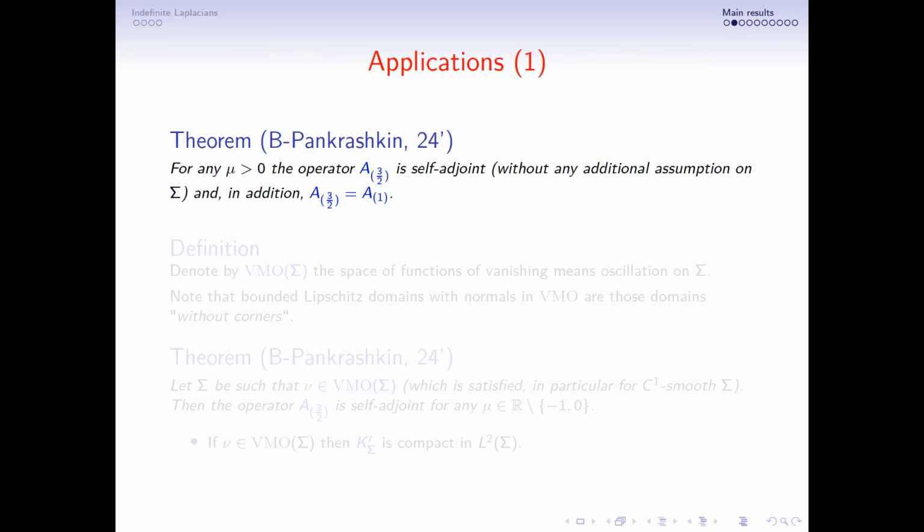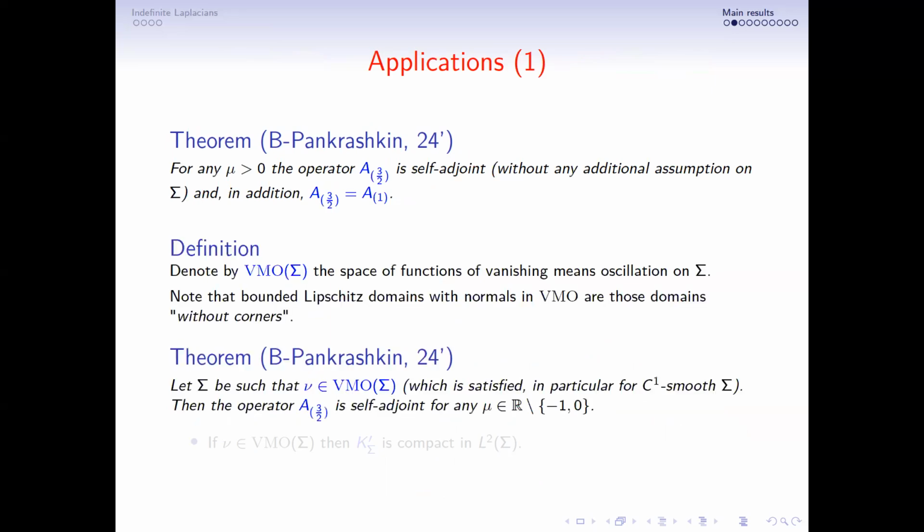And again, we can show that A_{3/2} is equal to A_1. Now the second, again trivial, application is the case when sigma is a VMO surface. So what is VMO? VMO is the space of functions with vanishing mean oscillation.